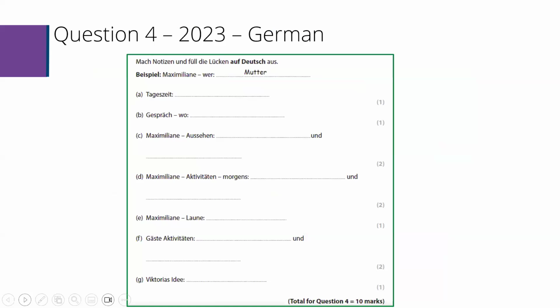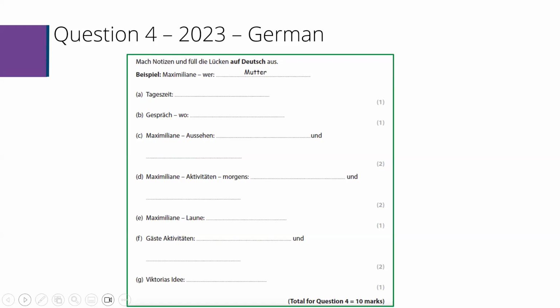So here, of course, the text, it's a gap fill type question. So the candidates need to write in a word or possibly a very short phrase, but in German, just to fill those gaps or to make those notes. Okay. So we are looking only for notes to be made. Okay, make notes.